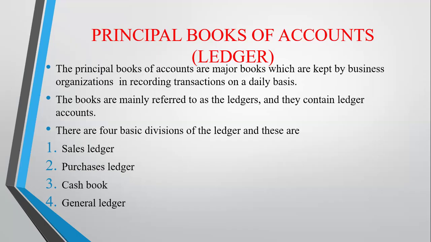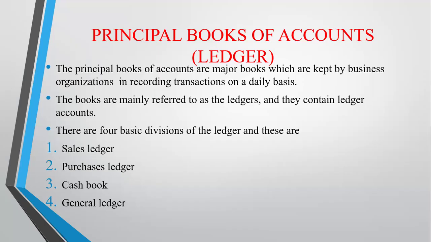The ledger contains accounts. It is in the ledger that we find the accounts. There are divisions of the ledger: the sales ledger, the purchases ledger, the cash book, and the general ledger.